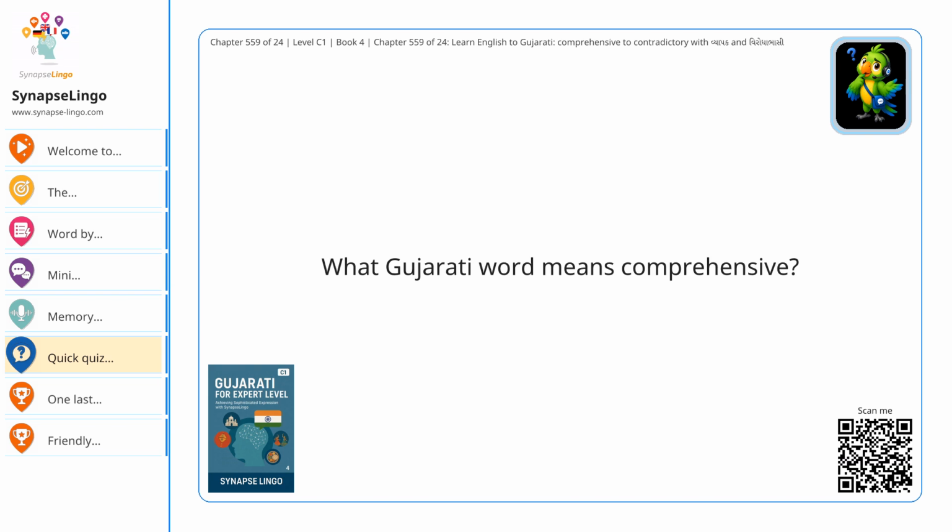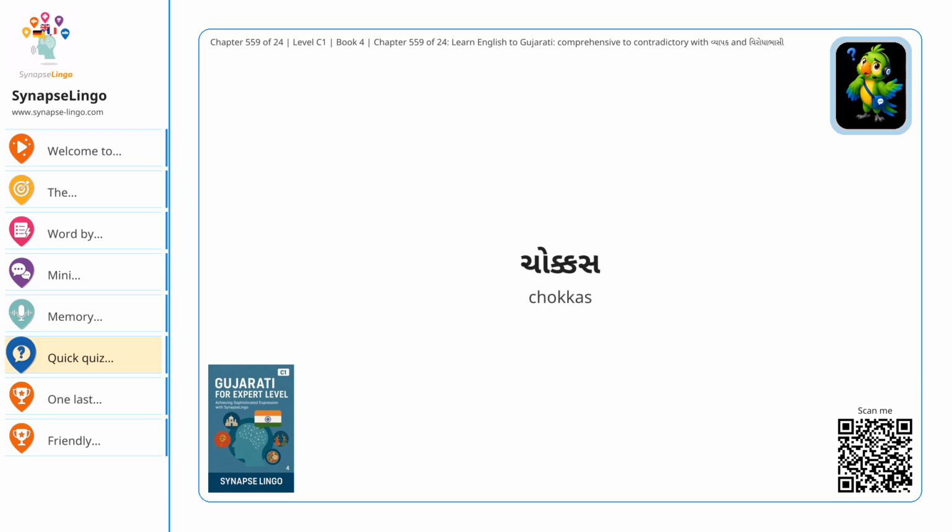What Gujarati word means comprehensive? વ્યાપક. What Gujarati word means detailed? વિગતવાર. What Gujarati word means conscience? કોન્ઝીસ. What Gujarati word means precise? ચોક્કસ.